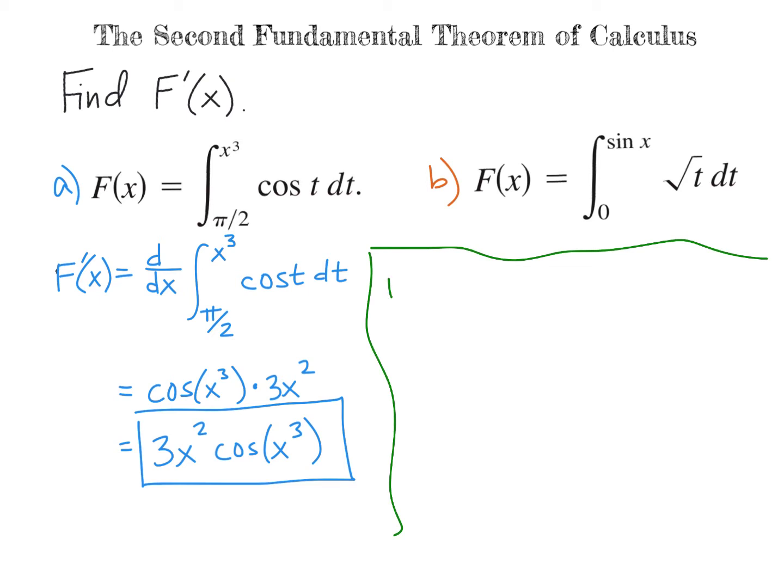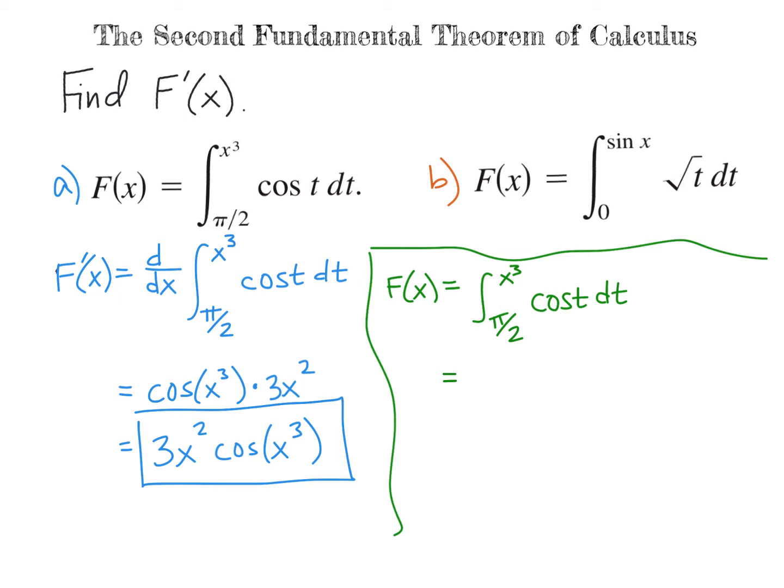So if we take a look and we allow f of x to simply equal the definite integral from pi over 2 to x cubed of the cosine of t dt, I am going to use the first fundamental theorem of calculus to just simply evaluate this. So that means take the antiderivative, plug in x cubed, and then subtract, plugging it in at pi over 2.